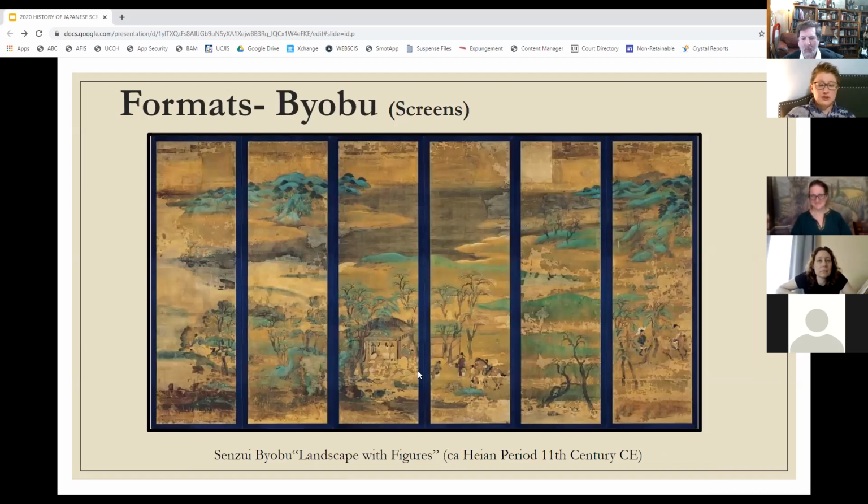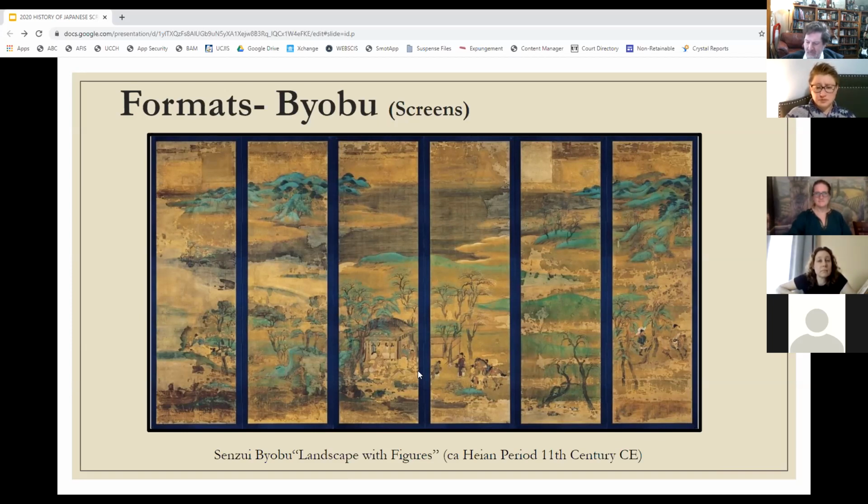This is the Senzui byobu, landscape with figures. This is one of the few, if not the only, landscape that's surviving of the Heian period in a byobu. They're gorgeous. I love how intense the colors are.